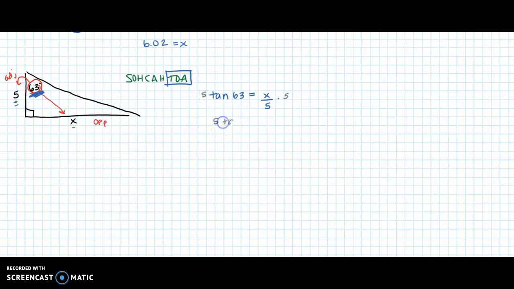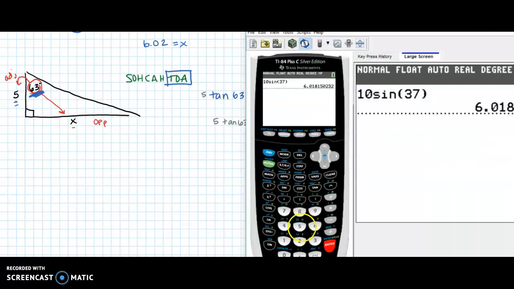So 5 times the tangent of 63 equals x. And now go to your calculator. 5 times the tangent of 63. And I have 9.81.